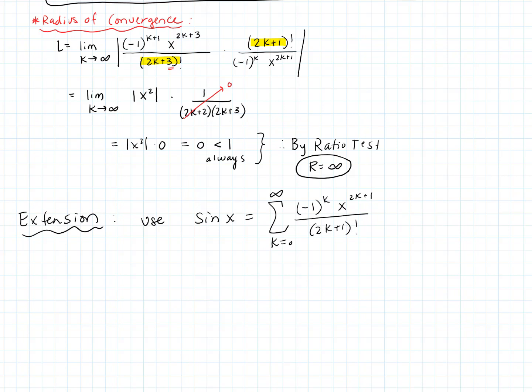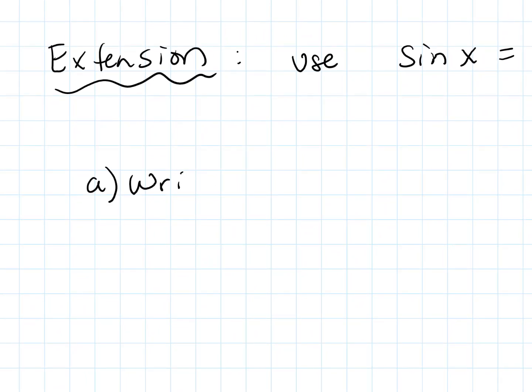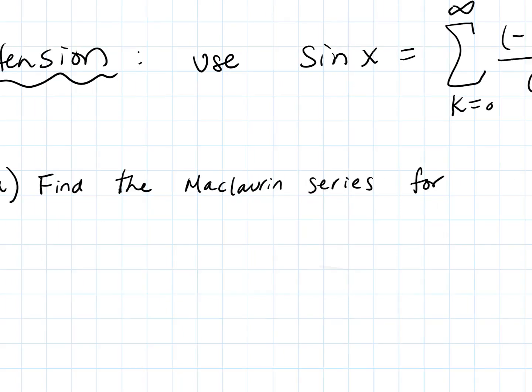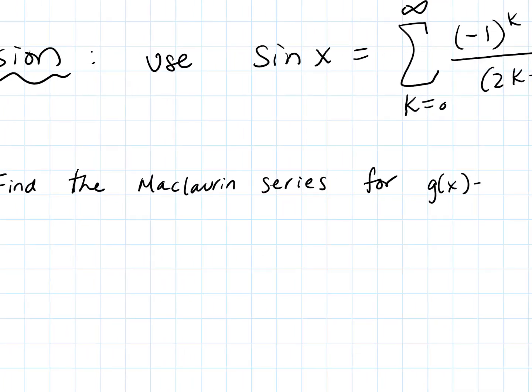And let's use that to find the Maclaurin series for g of x equal to x squared times the sine of 3x, for instance.